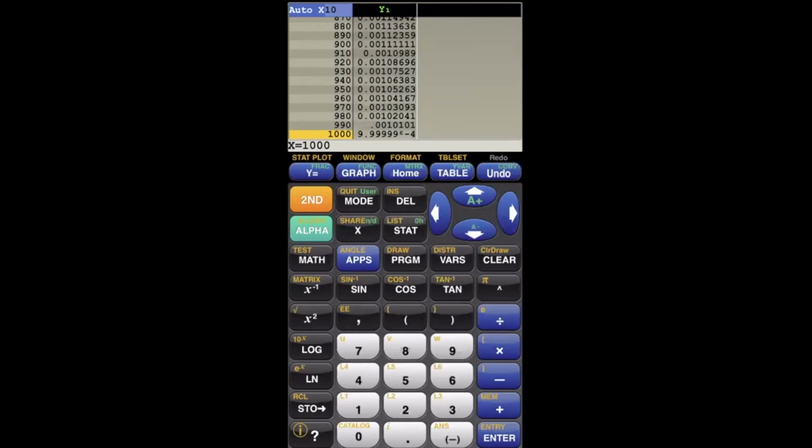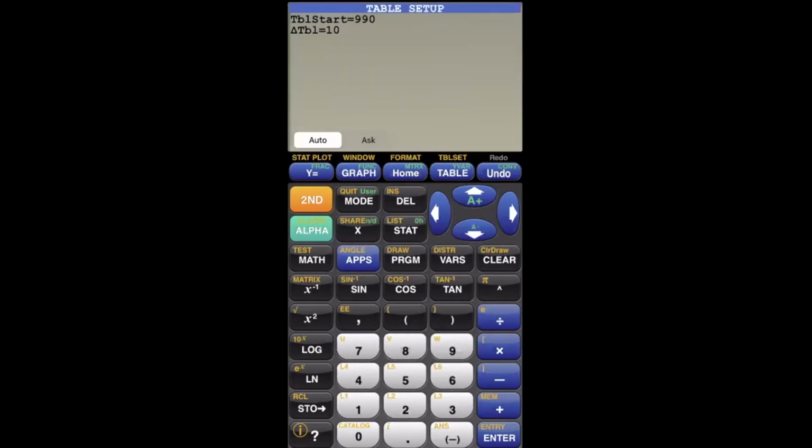Just to make sure we've got exactly the right value of n, I am going to go into table settings one more time and start at 990 and put the increment back down to 1. I guess I had the increment set to 10. I meant to set it to 100, but anyway, that worked out.